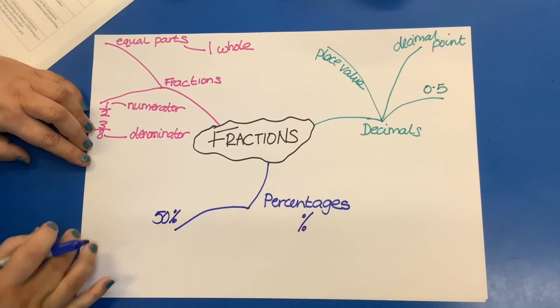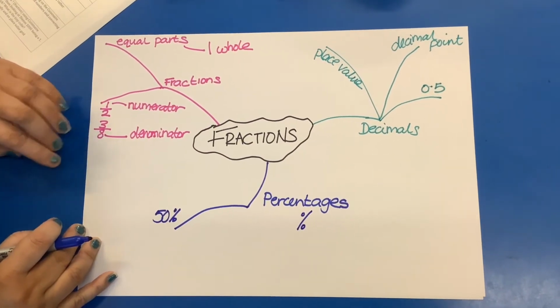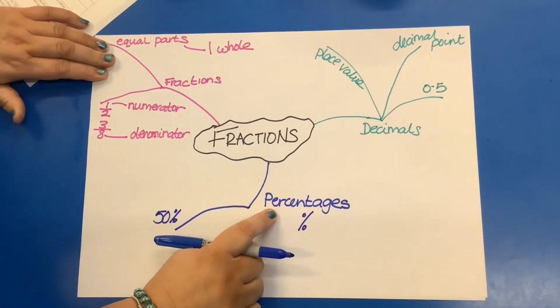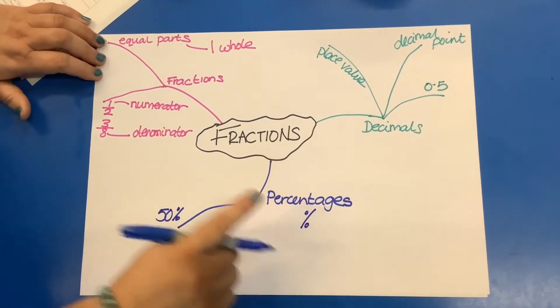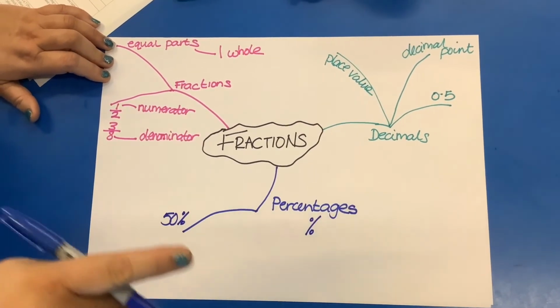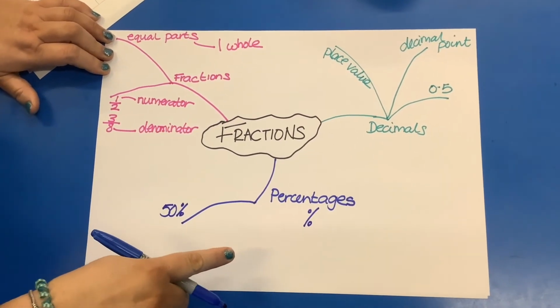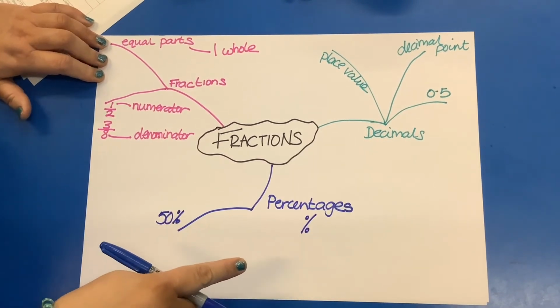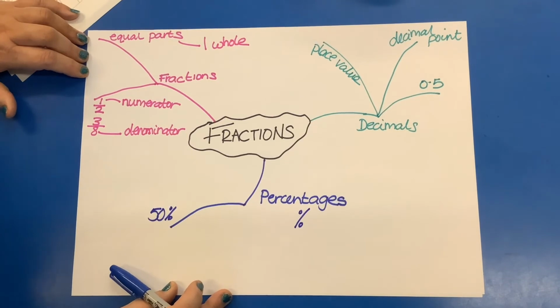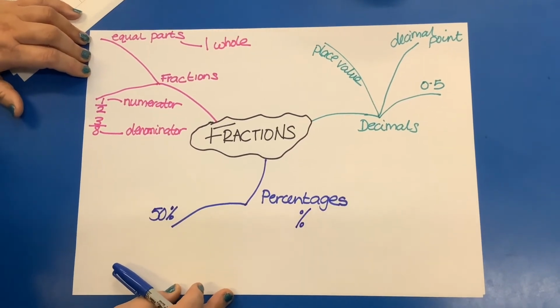So I want you to carry on. I've started you off there. So fractions, decimals, percentages are your headings. Tell me all you know about fractions, all you know about decimals, and all you know about percentages. And then I'll see them on the Zoom. And then again, hopefully over the course of the term, we'll be able to add some more words to our mind map.